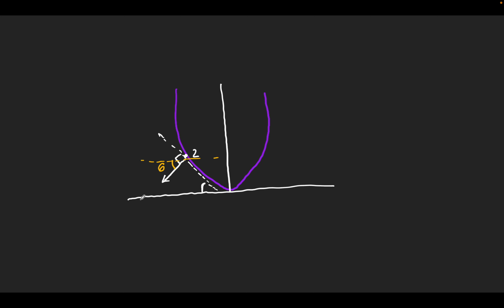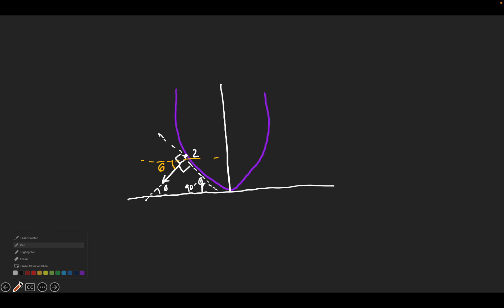If we extend this, this will also be theta, right? This is 90 degrees, so this angle must be 90 minus theta. So what is the slope of this tangent right now? The slope of this tangent is tan(90 minus theta), right?